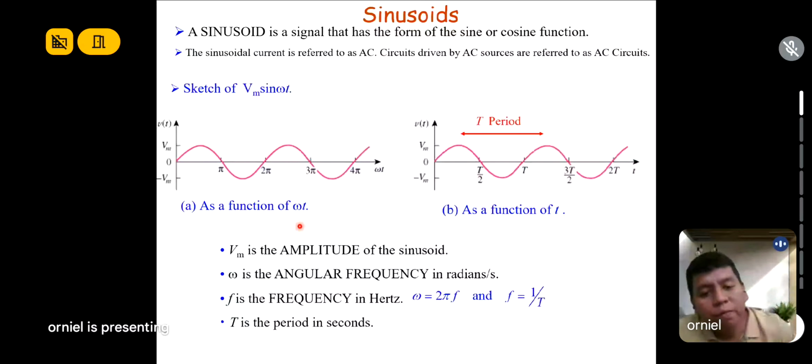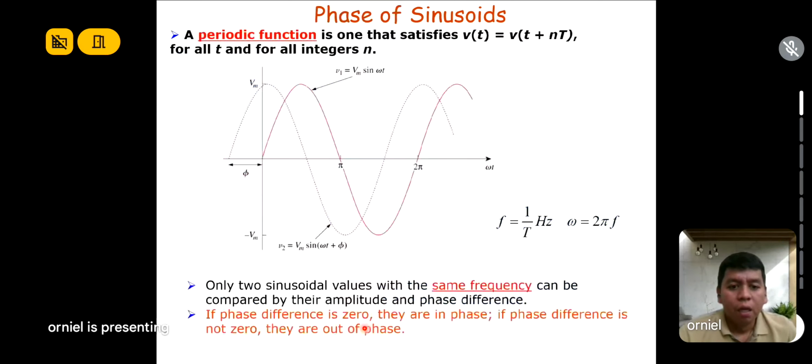Where Vm is the amplitude of the sinusoid, omega is the angular frequency, the unit is radians per second. For the frequency in hertz, or Hz, omega is equal to 2 pi f, and frequency is 1 over T, where T is the period in seconds.